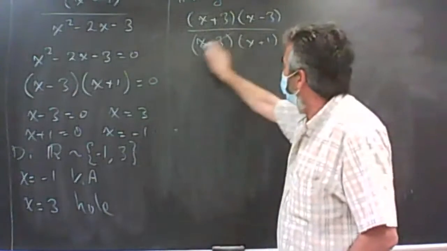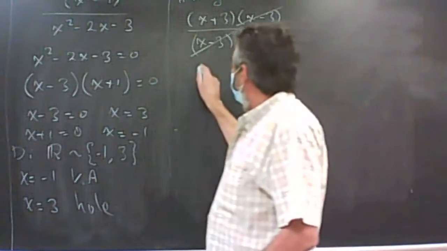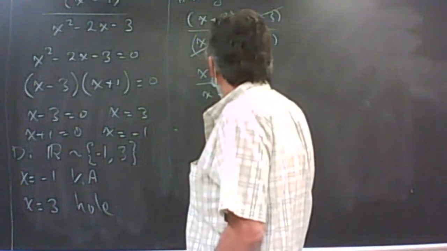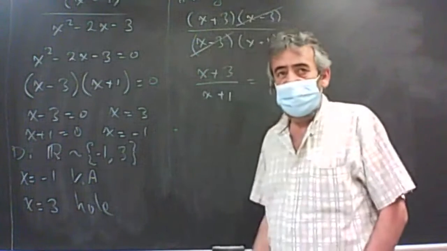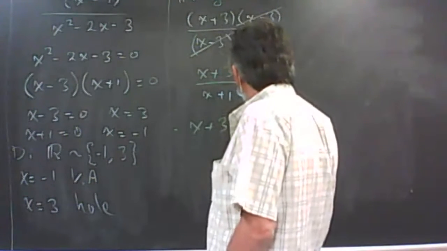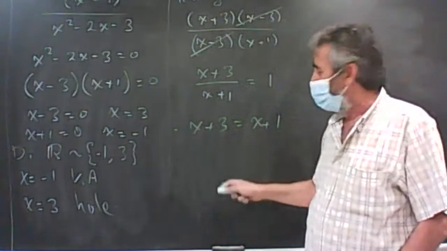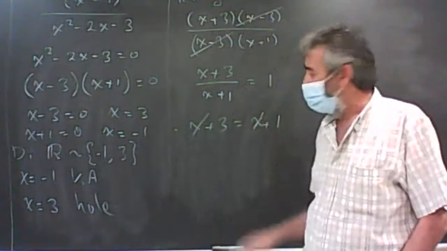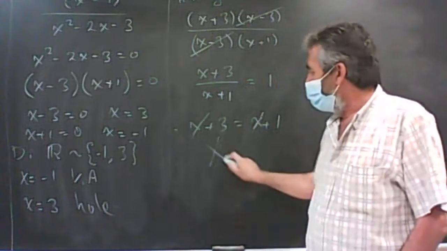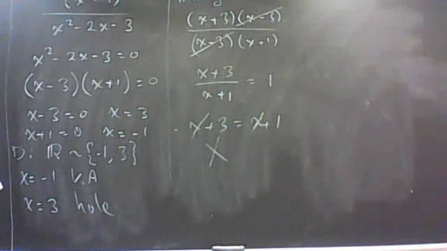Correct? Now these two cancel. What's left? x plus 3 over x plus 1 equals 1. Then x plus 3 equals x plus 1. Is this ever true? These two cancel out. What's left? 3 equals 1. Yeah? It doesn't cross the horizontal asymptote.